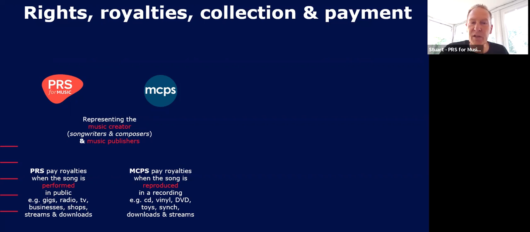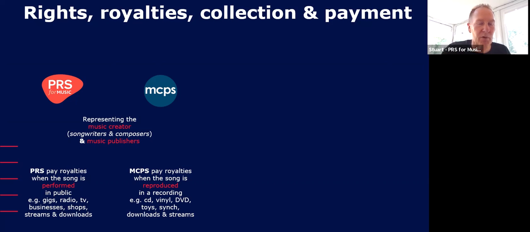It doesn't matter if you're an MC just writing lyrics, or whether you're a producer, as I said, producing beats. You own the rights in the part of the music that you've created. So it's the songwriter who needs to decide whether to join PRS, MCPS, or both. And the decision is made based on how the music is being used at that point in time.